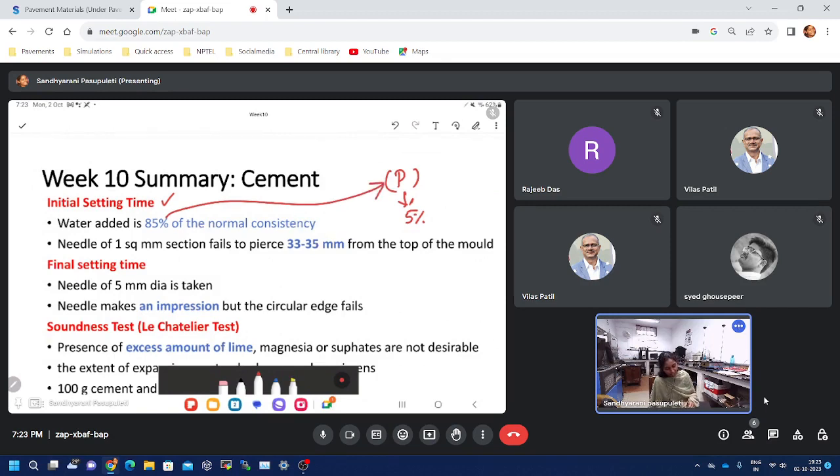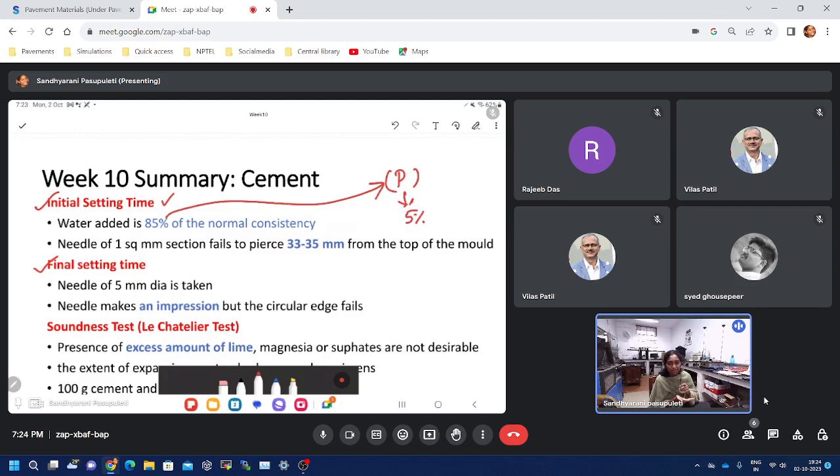For the initial and final setting times, we have different kinds of apparatus where we prepare the cement specimen and apply penetration from the plunger. In the initial setting time we want the plunger to penetrate, but in the final setting time we do not want it to penetrate because we want the cement to be very hard and stiff.